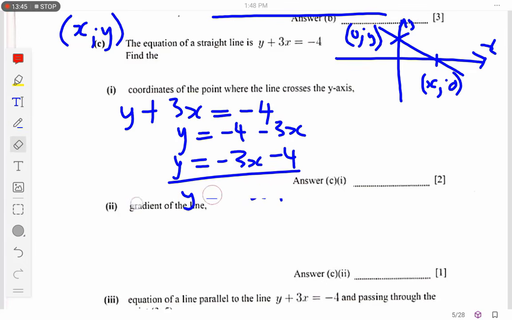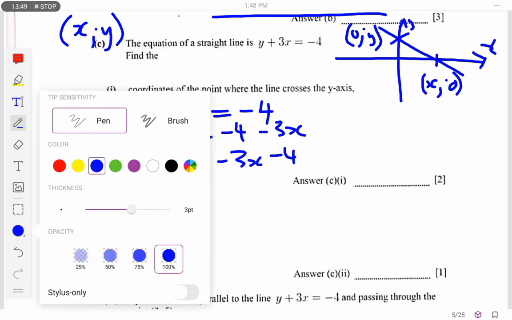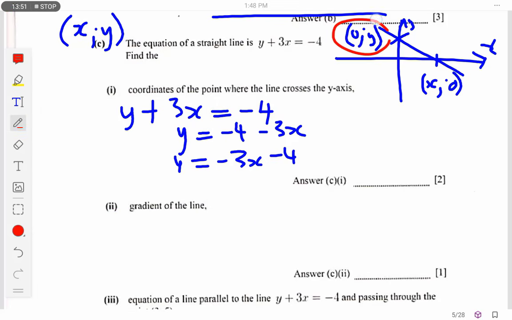Now we know the values of the x's and the y's, because that is where it is crossing the y-axis. Our x value is 0, so we can find the y value there.